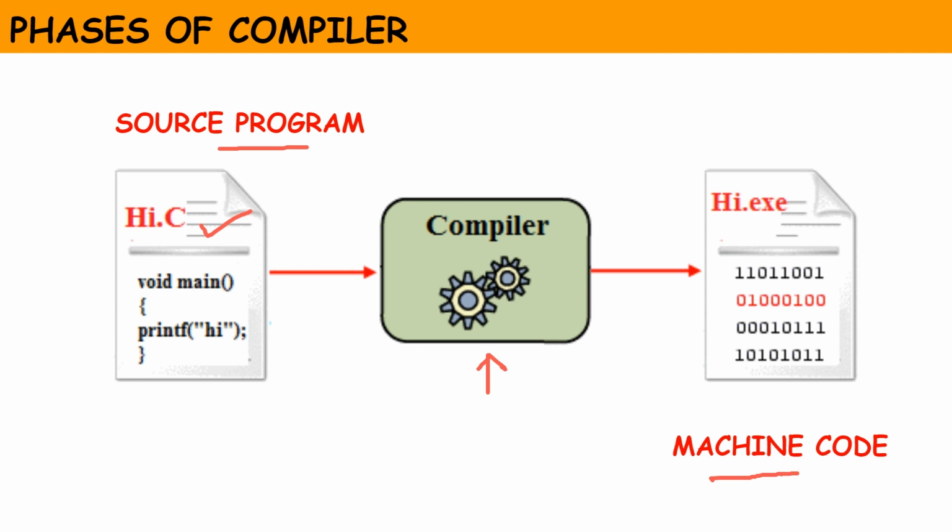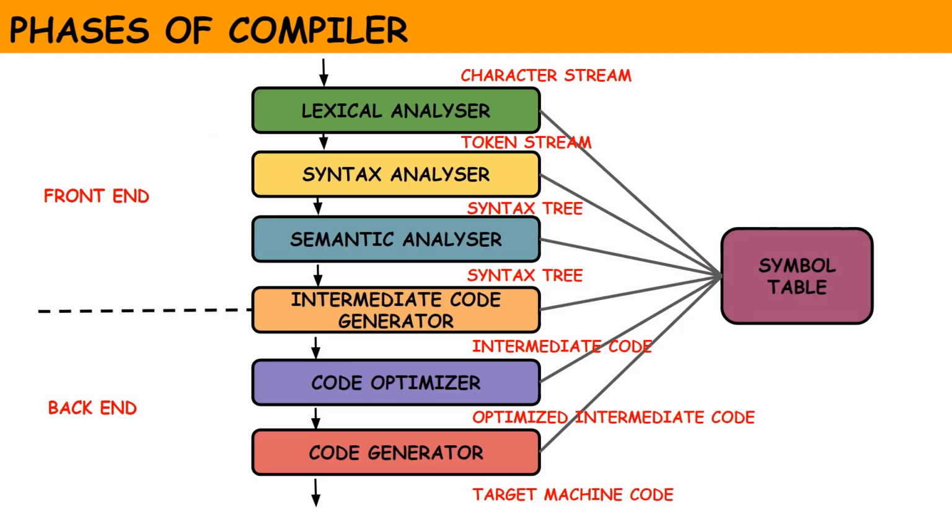Next, we will see the different phases the compiler undergoes during the translation from source language to machine code. The compiler maps the source program into a semantically equivalent target program. The mapping consists of two major parts, the analysis part and the synthesis part. In the analysis part, it breaks up the source program into constituent pieces and imposes a grammatical structure on them.